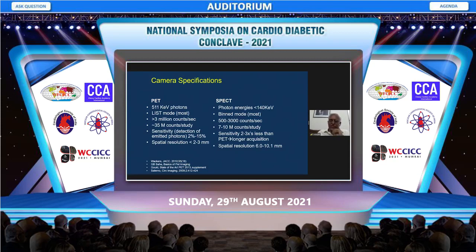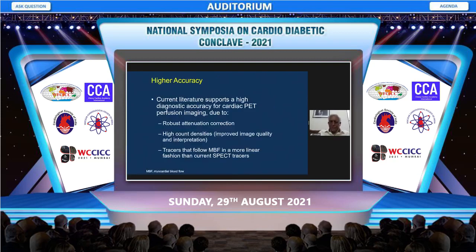We are quantifying the blood flow, whereas in SPECT we give it in the form of relative blood flow as compared to the next segment, which could be normal or abnormal. But here we are quantifying. So these are two or three very important things I enumerated about the PET. That's what we should know.